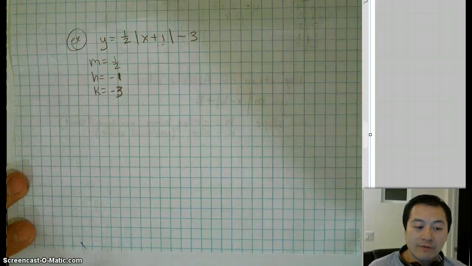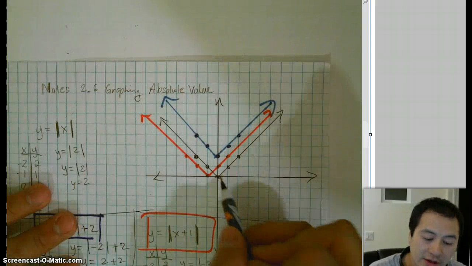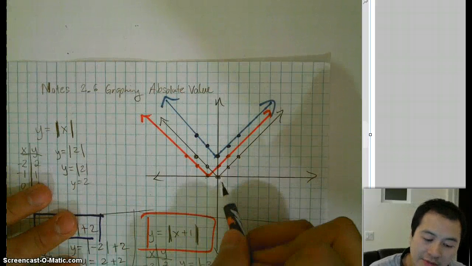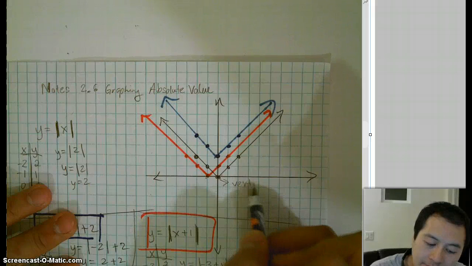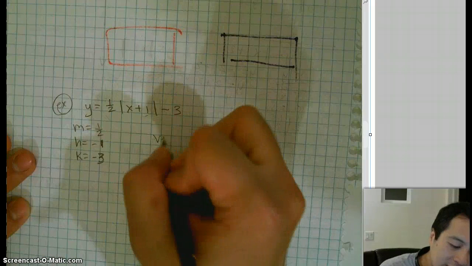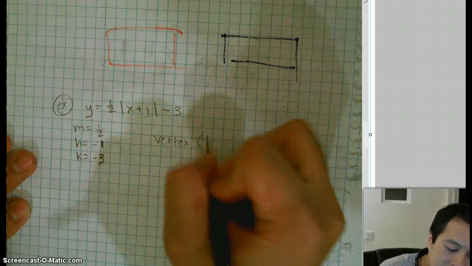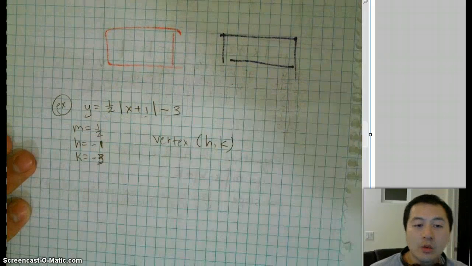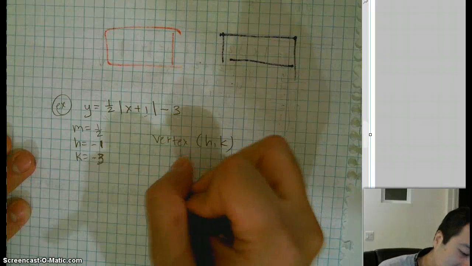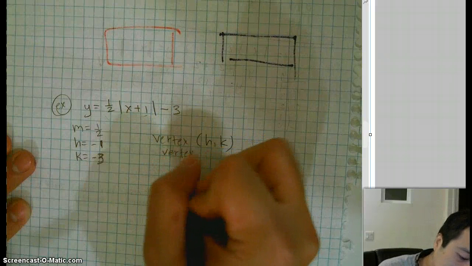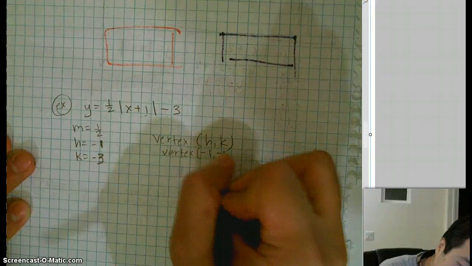I graph a point called the vertex. And what's the vertex? The vertex is right here. It's kind of like the tip of the graph. So I'm going to start on my vertex. My vertex is at h comma k. What's my h? My vertex is at -1 comma -3.